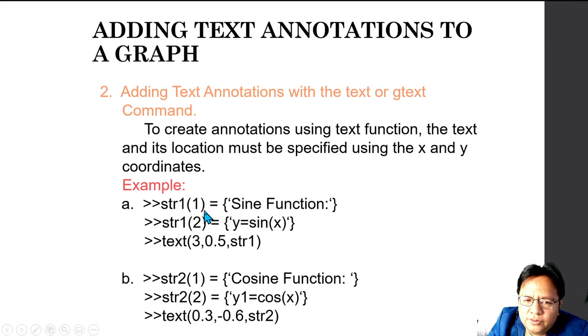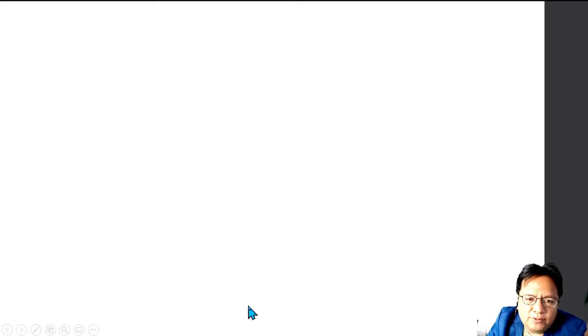Say for example, on the first graph, you have the sine function. So we can have the label y is equal to sine x, and then the text is this one. So text 3, 0.5, and then the string 1, sine function. For string 2, we have cosine function, y is equal to cosine x.